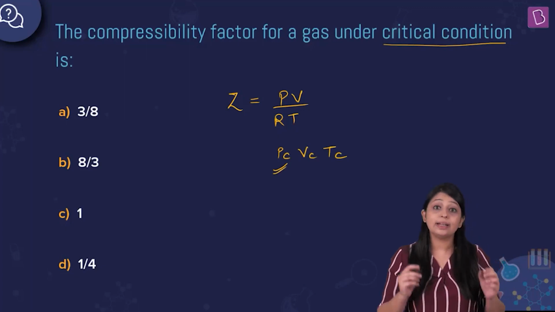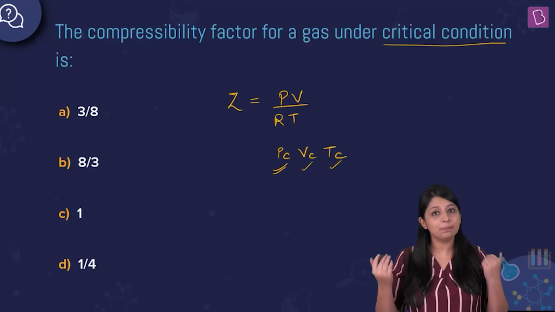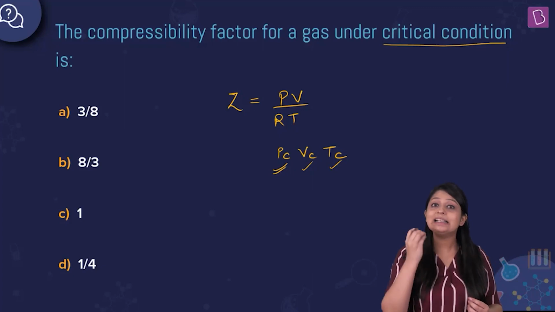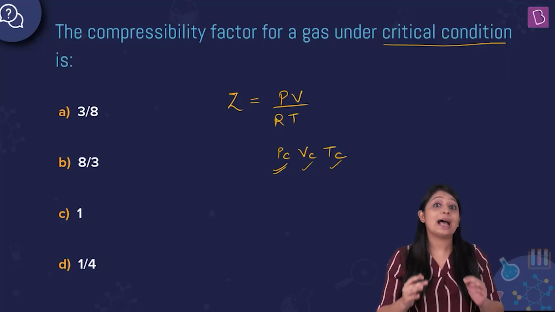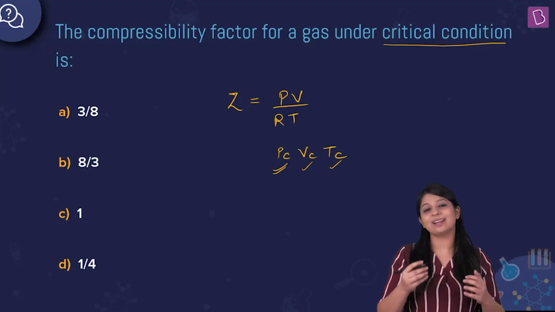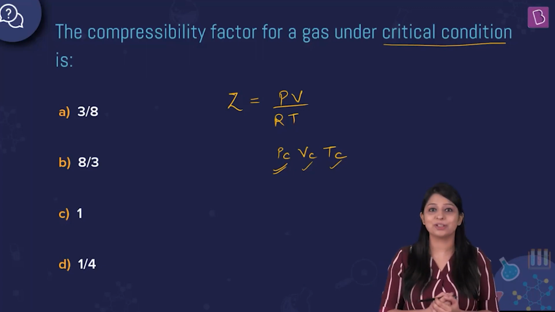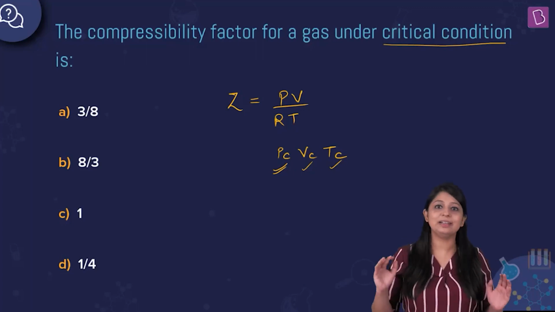So PC is the critical pressure, VC is the critical volume, and TC is the critical temperature. But what do we mean by that? Well, critical temperature is the temperature above which no gas can be liquefied, right? And VC is the volume of 1 mole of gas at critical temperature. And PC is the pressure of gas at critical temperature.